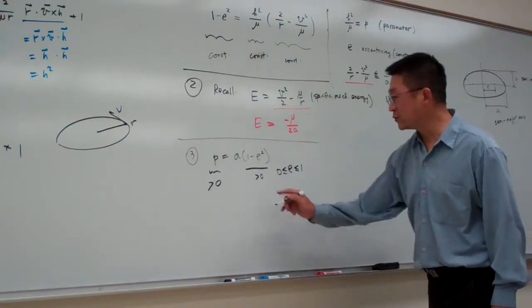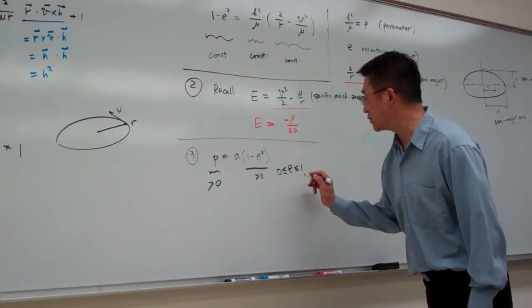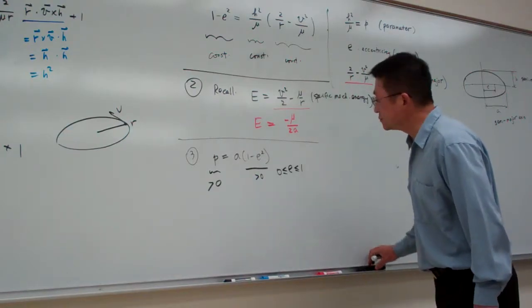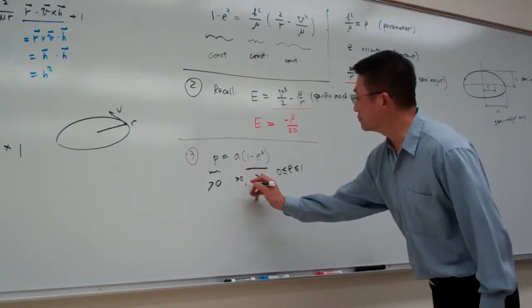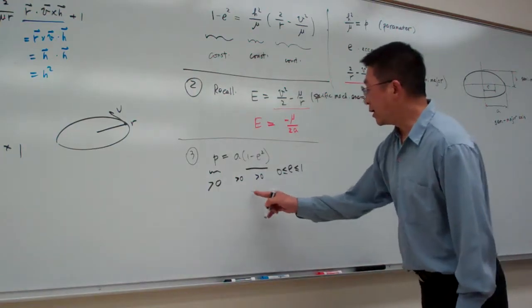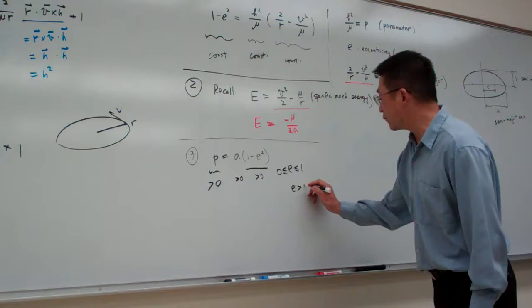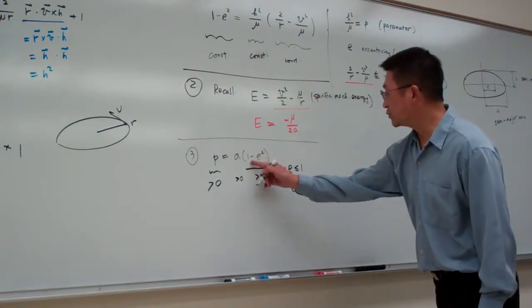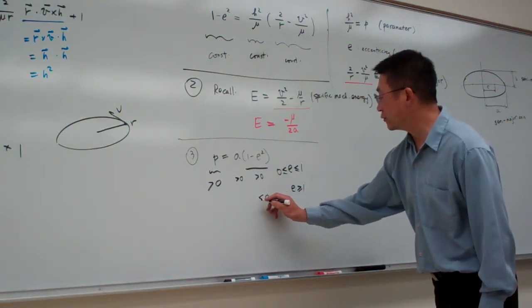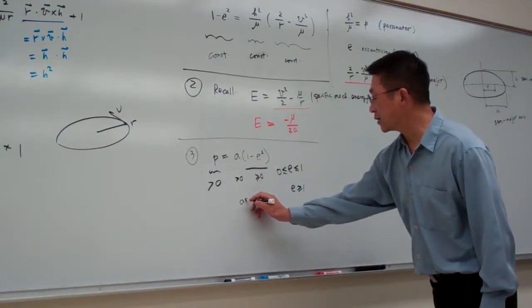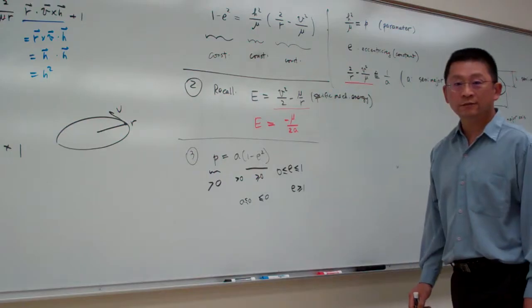So corresponding to here, A is positive. Because this is always positive, if we have E greater than 1, then this term is negative, or less than 0, right? So that means A is negative.